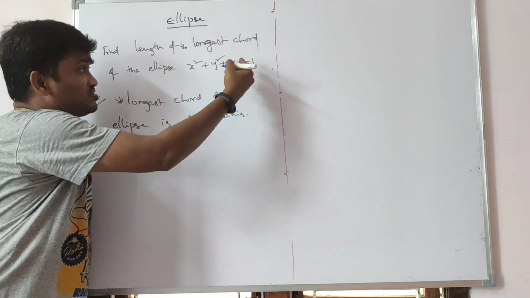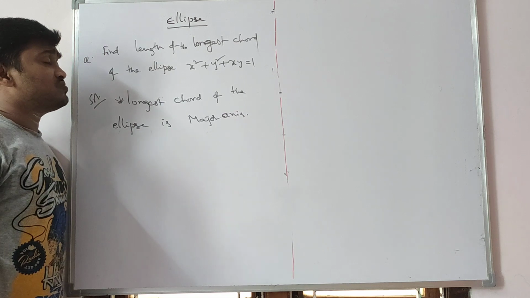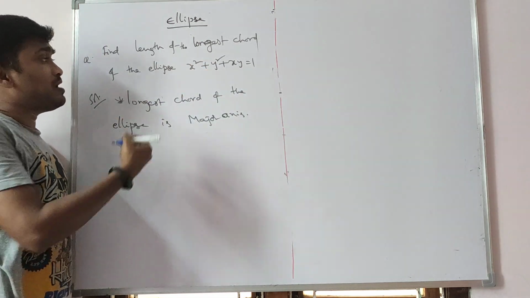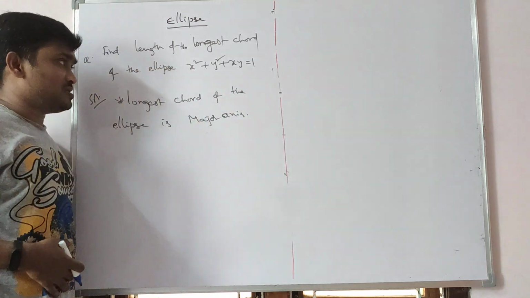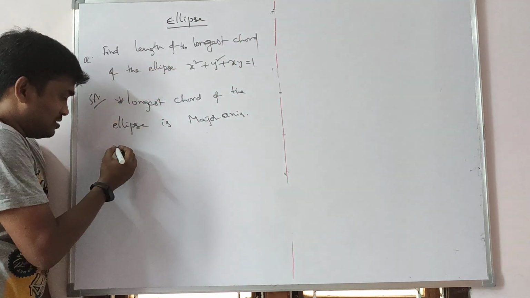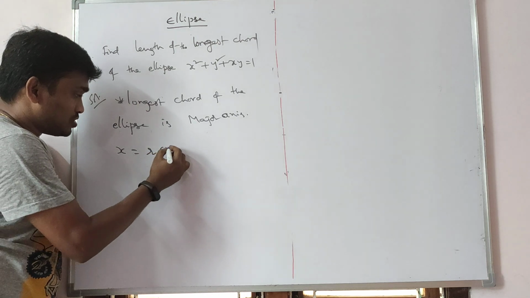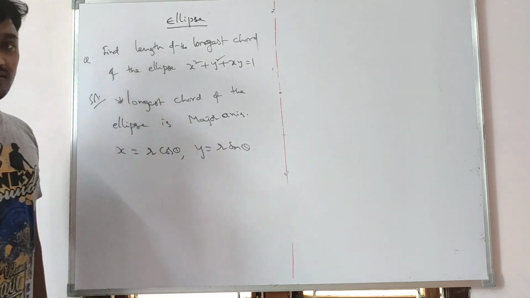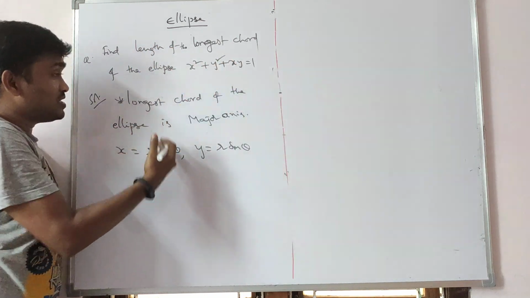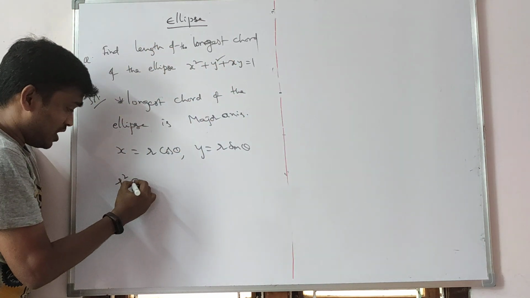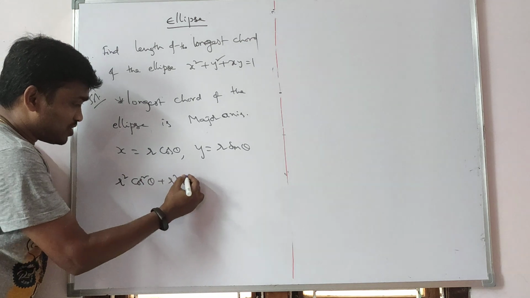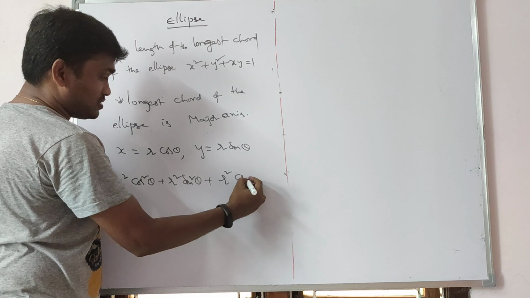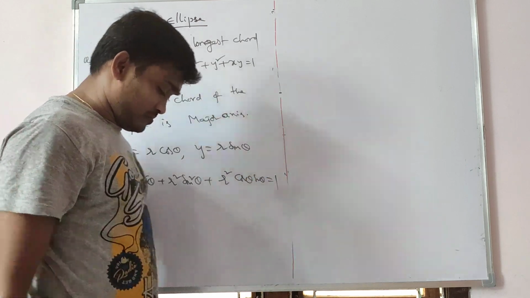It's not a standard equation x square by a square plus y square by b square is equal to 1, where we can say what the major axis is. But in this type of model, how to find the major axis? In general, x is equal to r cos theta, y is equal to r sin theta. Suppose, then what is the result coming here? r square cos square theta plus r square sin square theta plus r square cos theta sin theta is equal to 1.